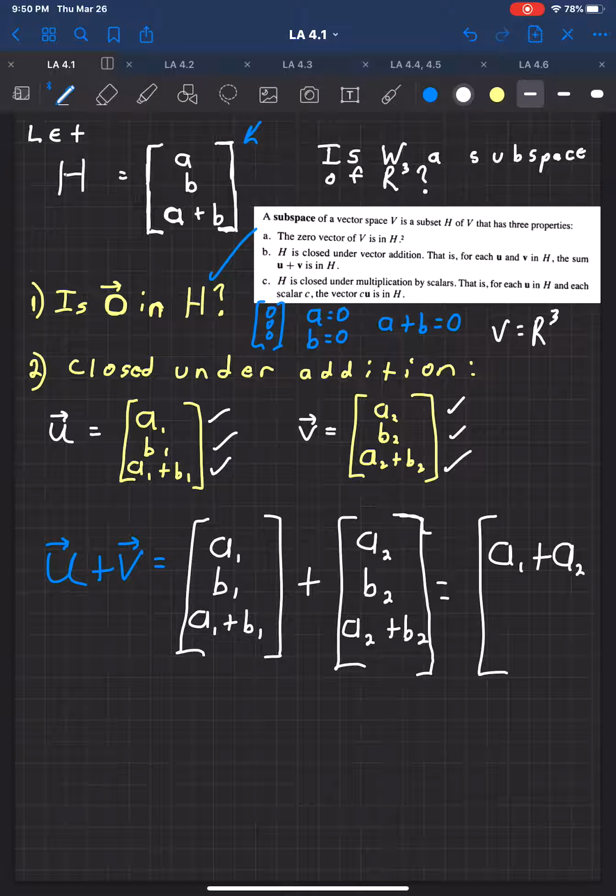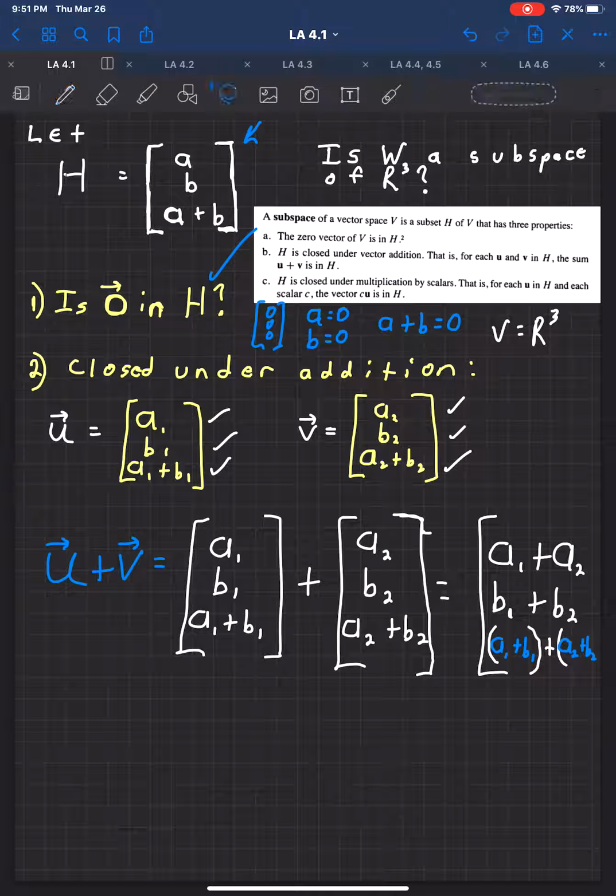And the y values would be b sub 1 plus b sub 2. And finally, my apologies for running out of space here, we're going to write this as a sub 1 plus b sub 1 plus a sub 2 plus b sub 2.